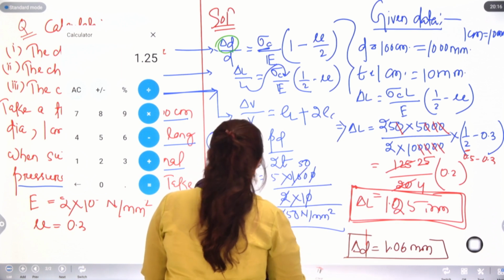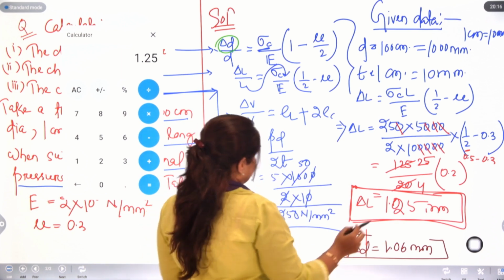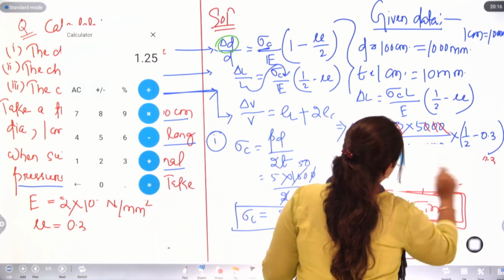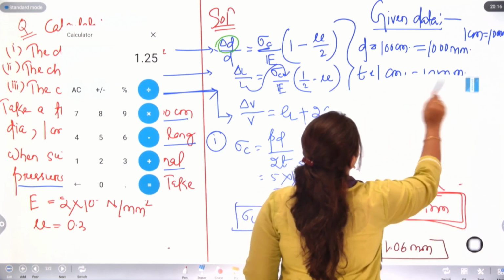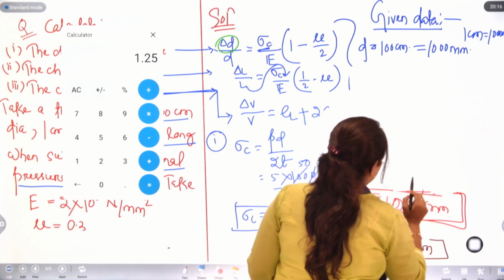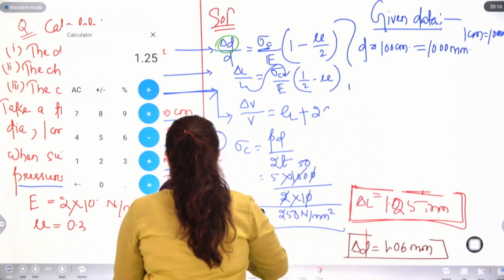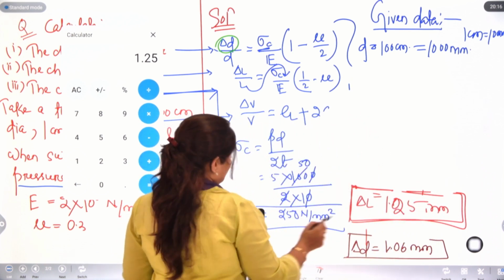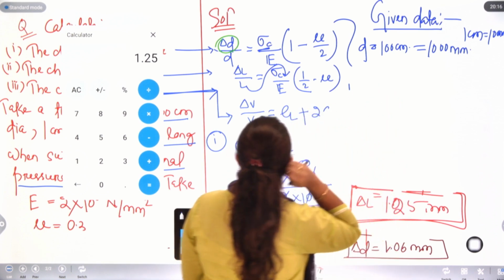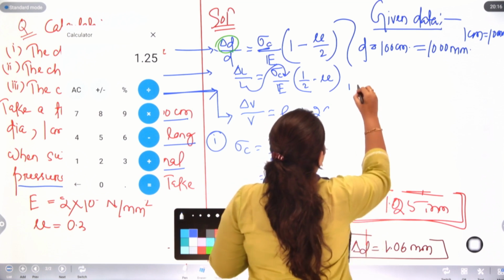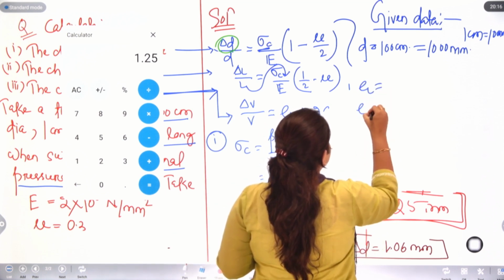Okay. So next, to calculate change in volume, we can also put the formula for volume and directly solve, but as we have already got our del L and del D, so easily we can get EL and EC.